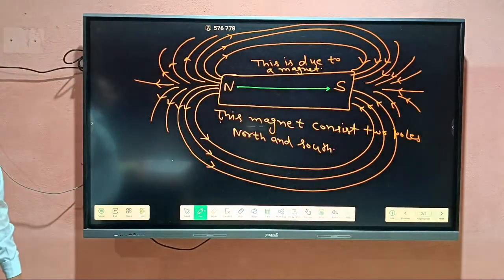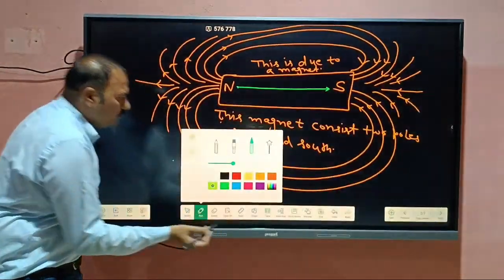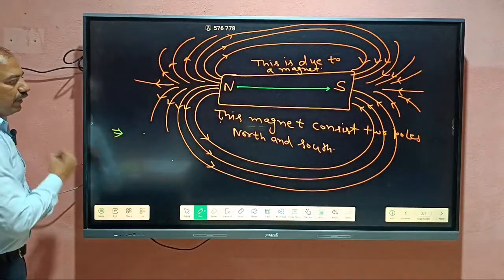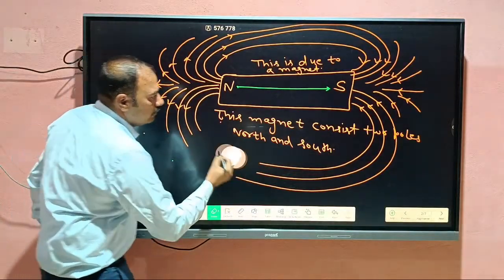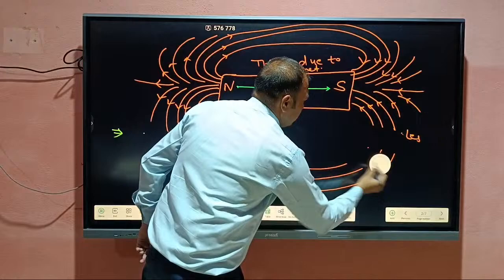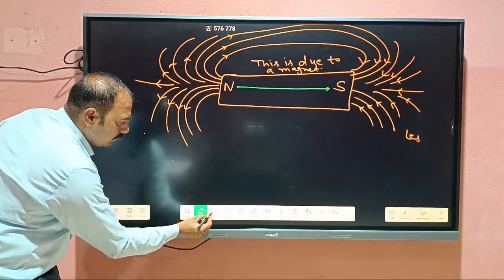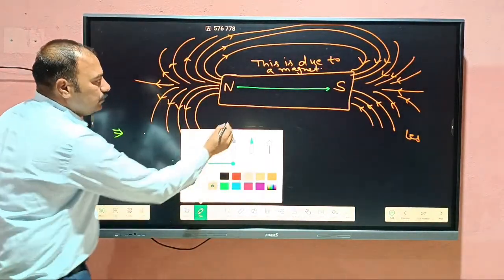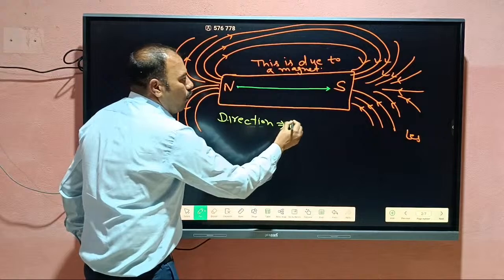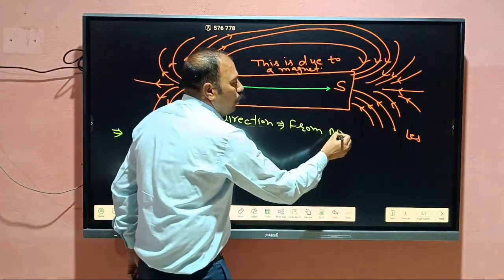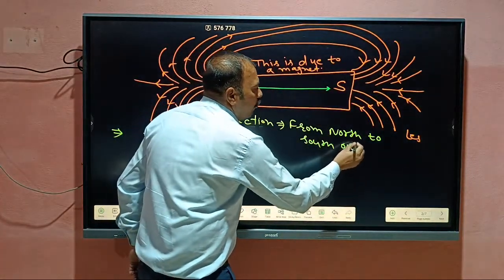So what are the important points? First, the direction is from north to south outside the magnet.